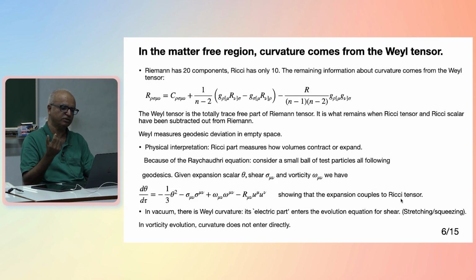And what happens outside in empty space, in vacuum? There is Weyl curvature. So correspondingly you have equations for the shear and the vorticity. I did not write them down here. Just as there is the equation for the evolution of the expansion, the volume of the ball.